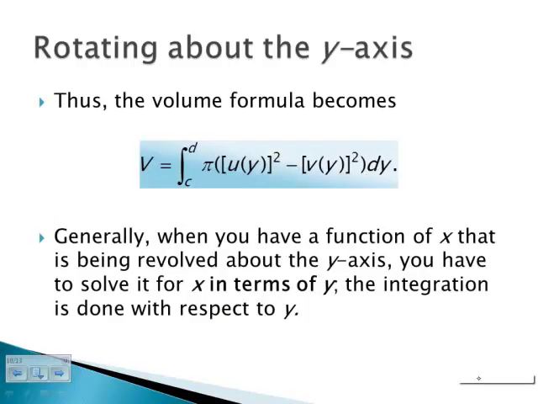Thus, the volume formula is given by the antiderivative from c to d of pi times the quantity u of y squared, that is your outer radius squared, minus v of y squared, which is your inner radius squared, with respect to y. Generally, when you have a function of x that is being revolved about the y-axis, you have to solve it for x in terms of y. The integration is done with respect to y.